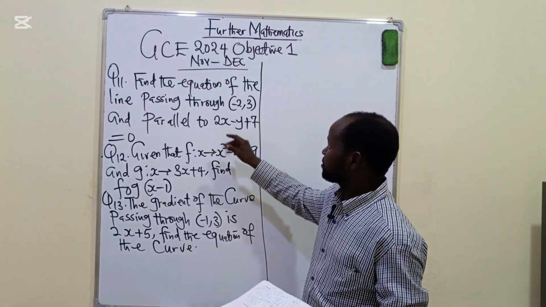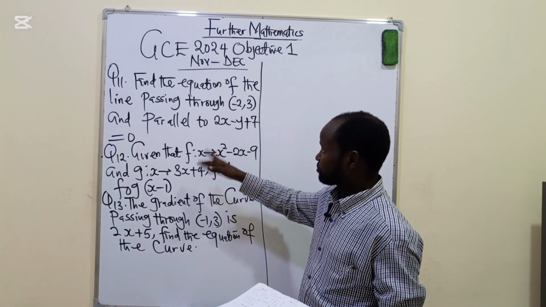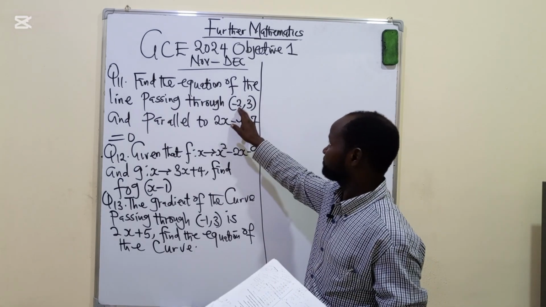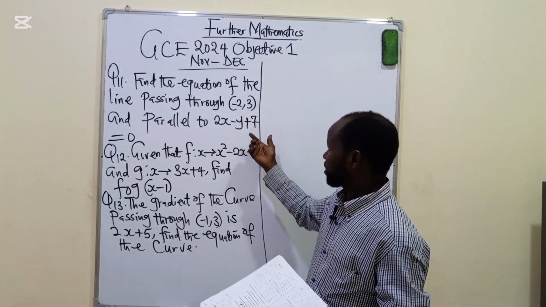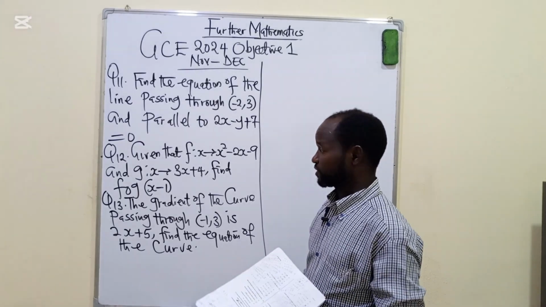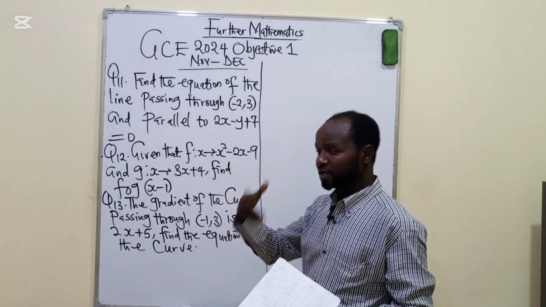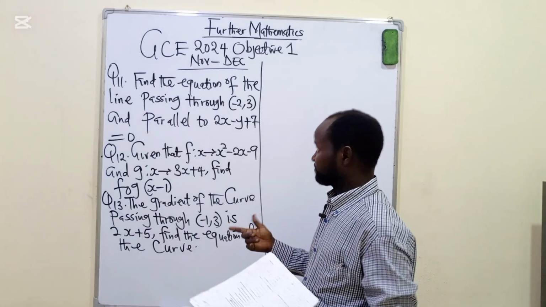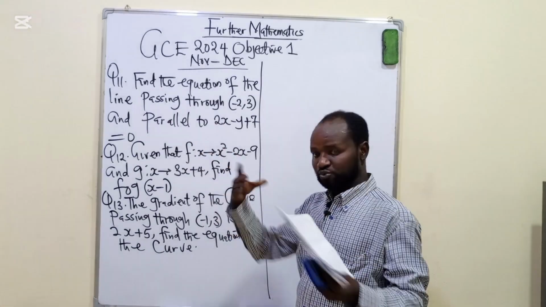That is, the slope of the first equation must be equal to the slope of the other equation. But here we have our x1 and y1. Okay, so that's the condition for parallelism. The gradients of two lines, M1 and M2, are parallel if and only if M1 is equal to M2.